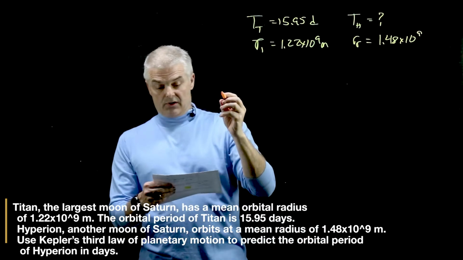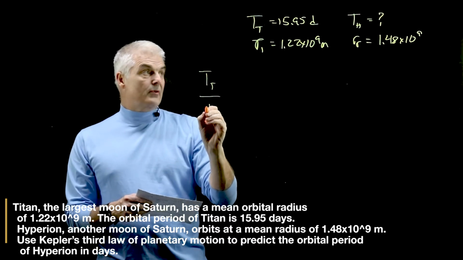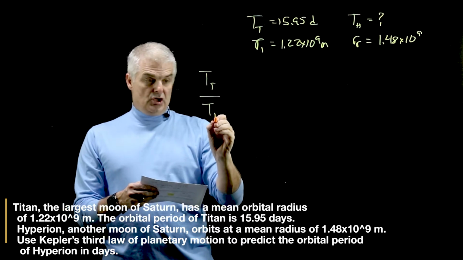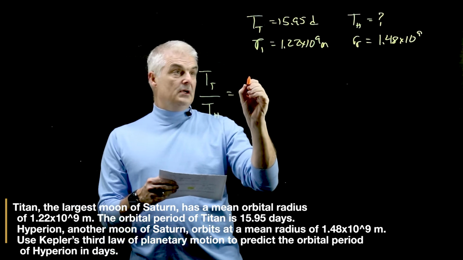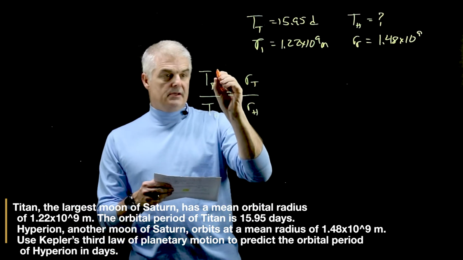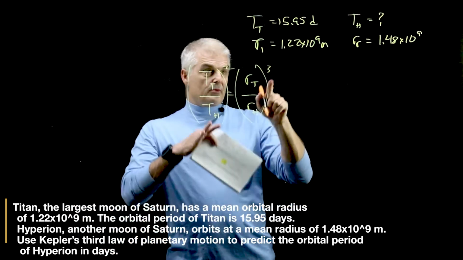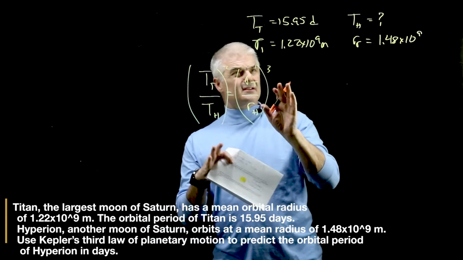So now we're going to plug it into our equation. If you recall, the equation is, let's say T_T over T_H would be equal to R_T over R_H. And this side, of course, is squared, and this side is cubed. Now we're going to plug these numbers in here and solve them. That's a little trickier, right?